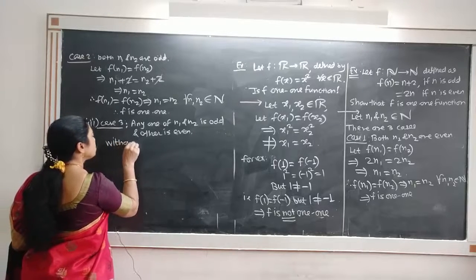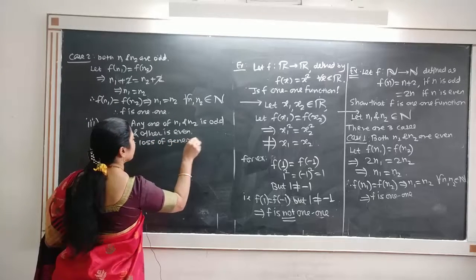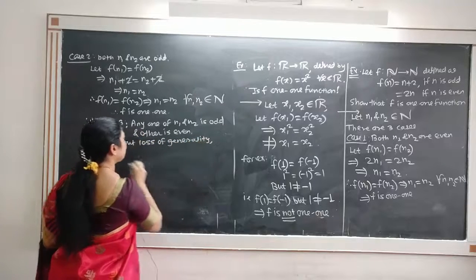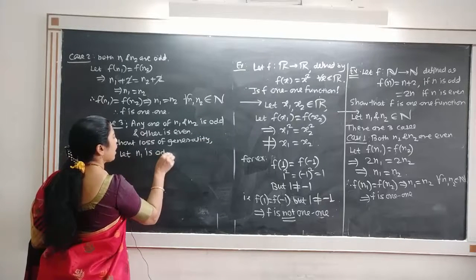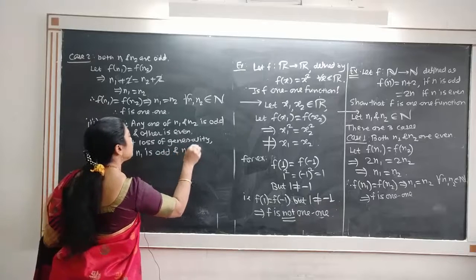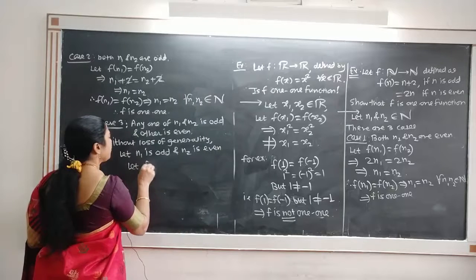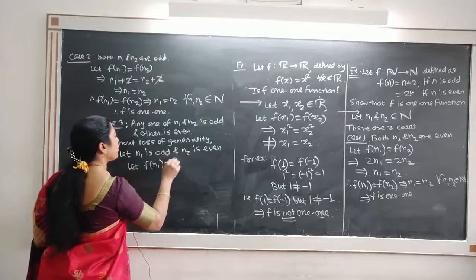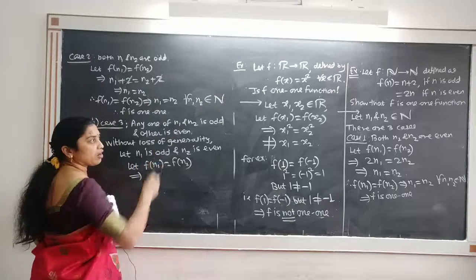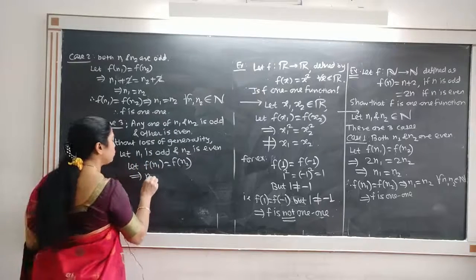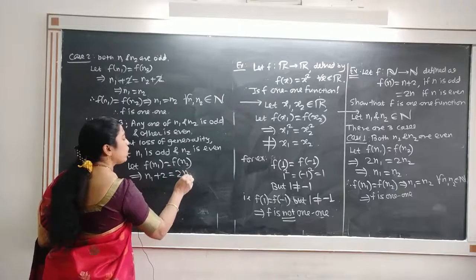So without loss, let us assume that n1 is odd and n2 is even, and let us assume that f(n1) = f(n2). But n1 is odd, and for odd the definition is n1 + 2, and f(n2) is 2n2.